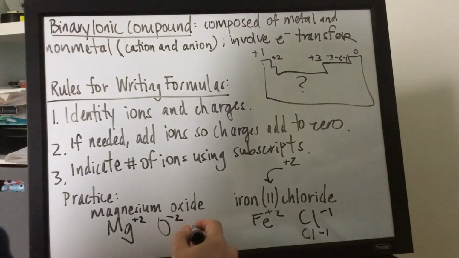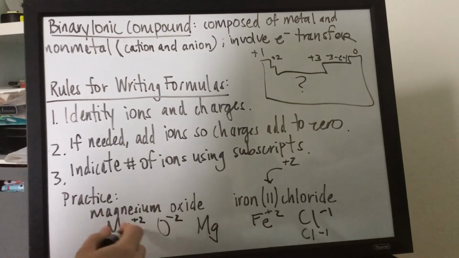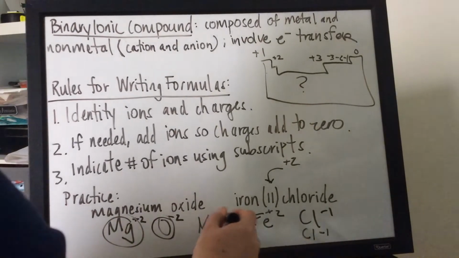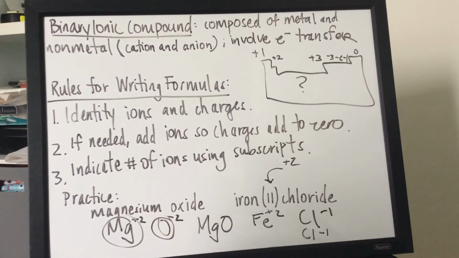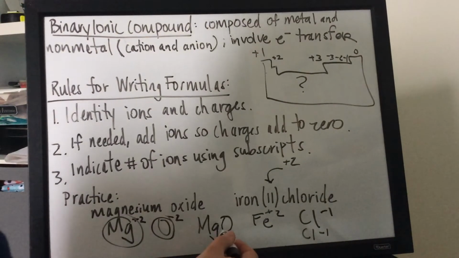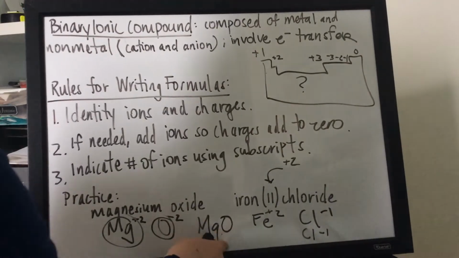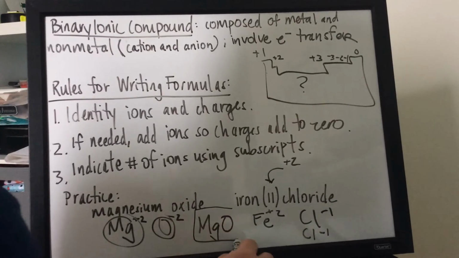So I have 1 Mg, right? Now I know its charge is plus 2, but I have 1 Mg and I have 1 O, which means that my formula for magnesium oxide is MgO. Now technically it's Mg1O1, but just like in math class, I don't need to write those ones because they're understood. So my formula is MgO.